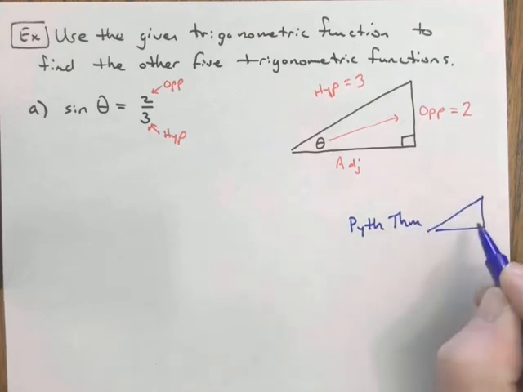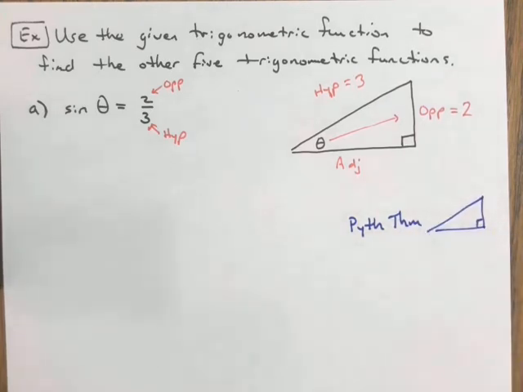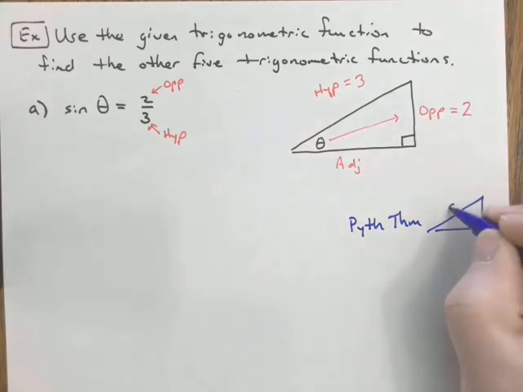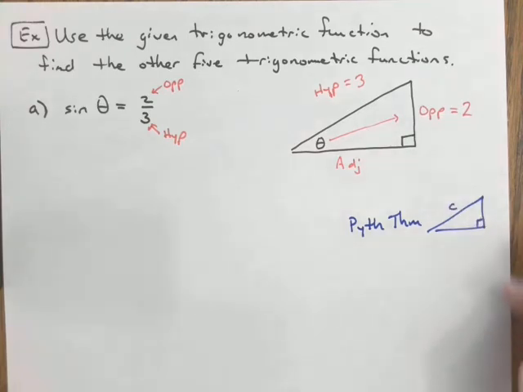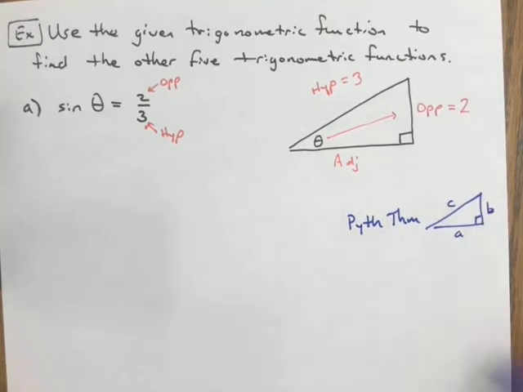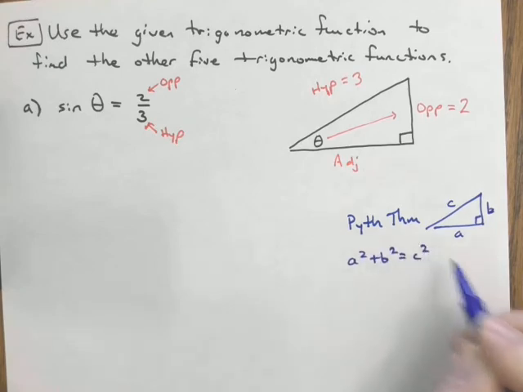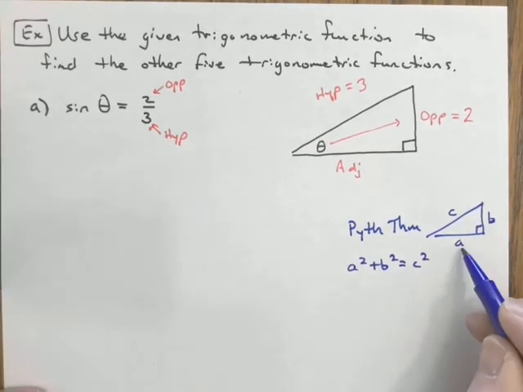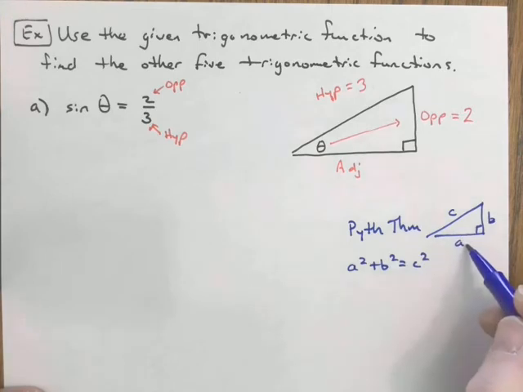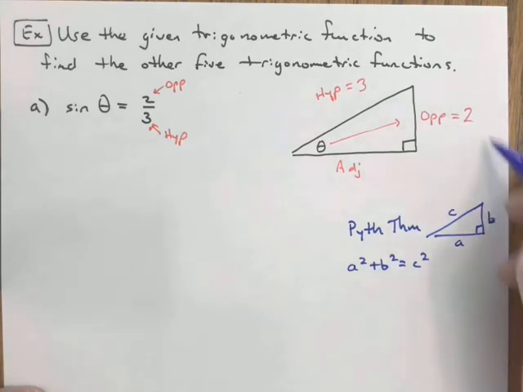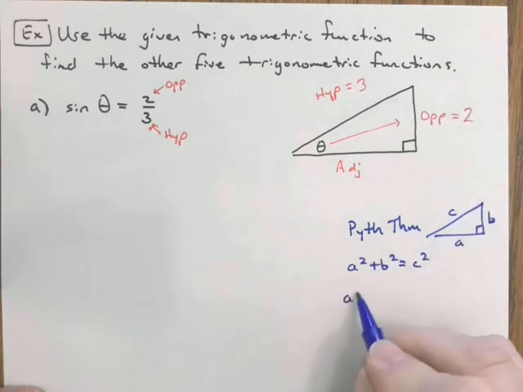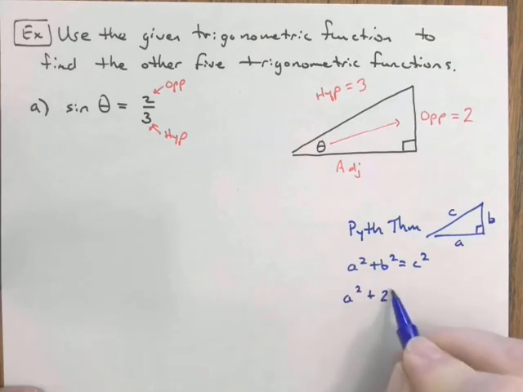If I have a right triangle, with the Pythagorean theorem, I want to label the sides A, B, and C. C is the hypotenuse, A and B are the length of the 2 legs, doesn't matter which one is which. And our formula is a squared plus b squared equals c squared. I don't know little a in this problem. I don't know the adjacent side, but I do know b, that's the opposite side, and that has a length of 2.